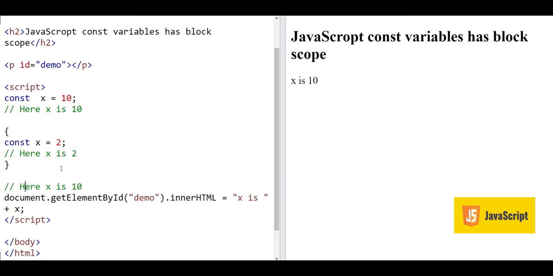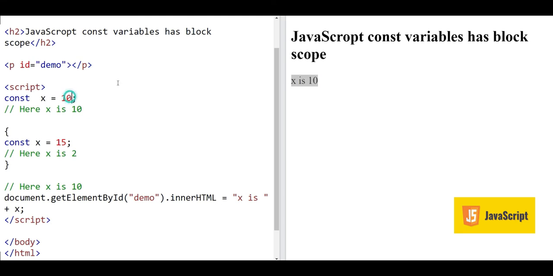If I change the value here, let's say I make it 15, you see there is no change. X is still 10 because the change is made within this block, which is not being used anywhere in this code.